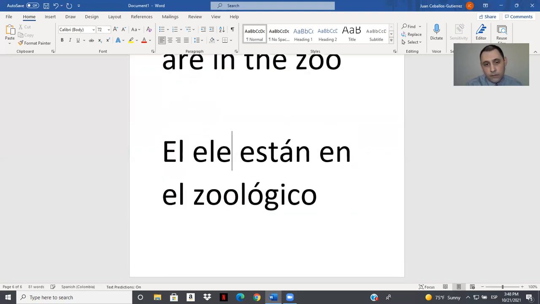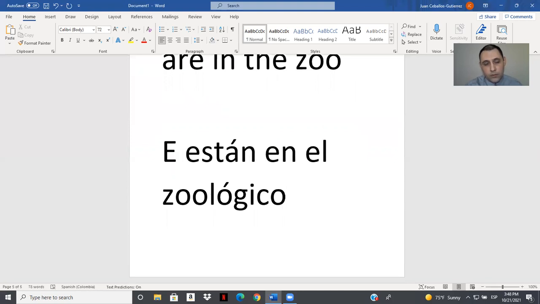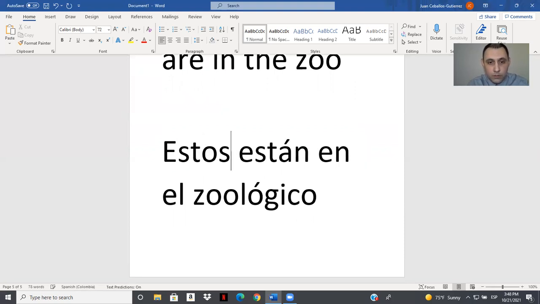Later on, you can use this. For example, you can say, estos están en el zoológico. Estos is a demonstrative pronoun. As I said, that's a way to do it, but it's not very common. We will learn this later.